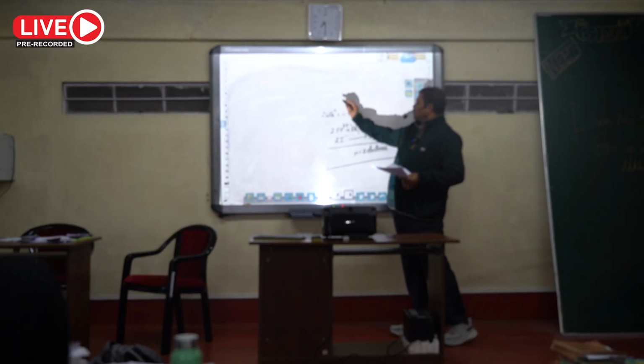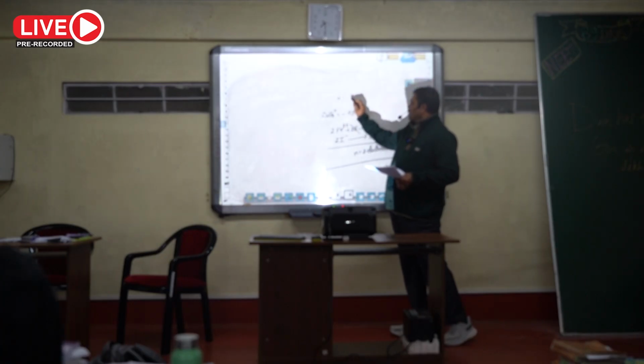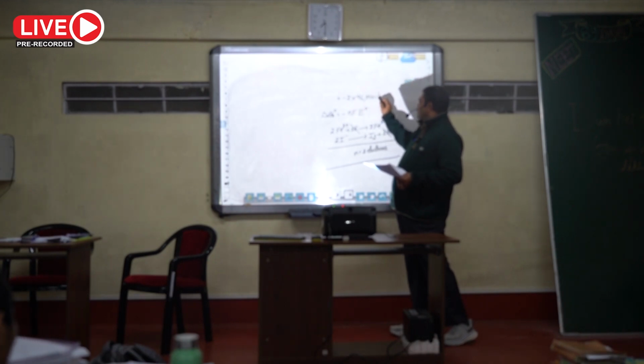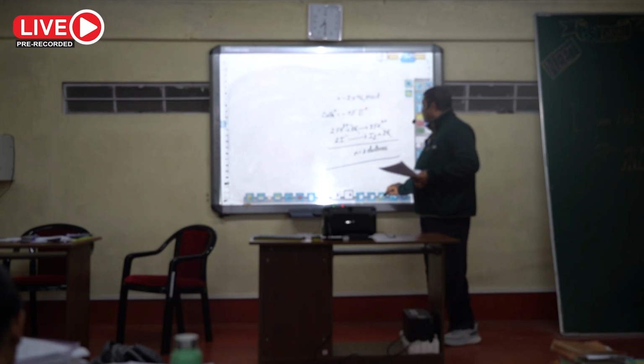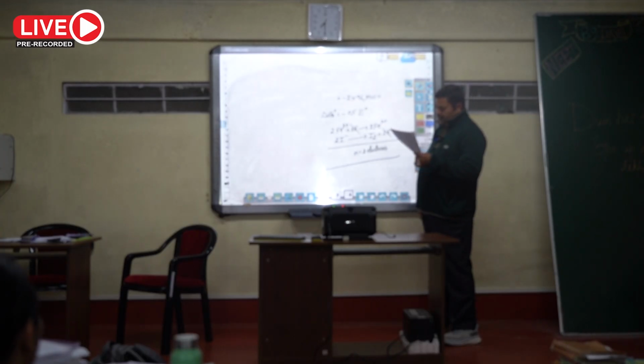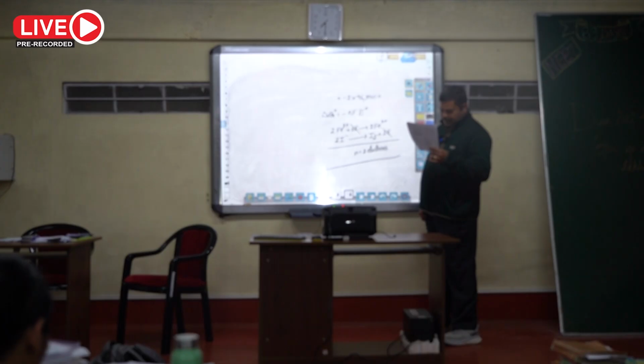Now you substitute the values. Minus 2 into 96,500 coulombs into E0, which is given as 0.24 volts.